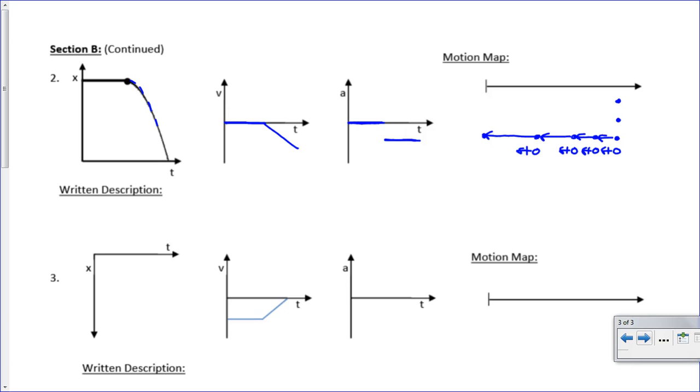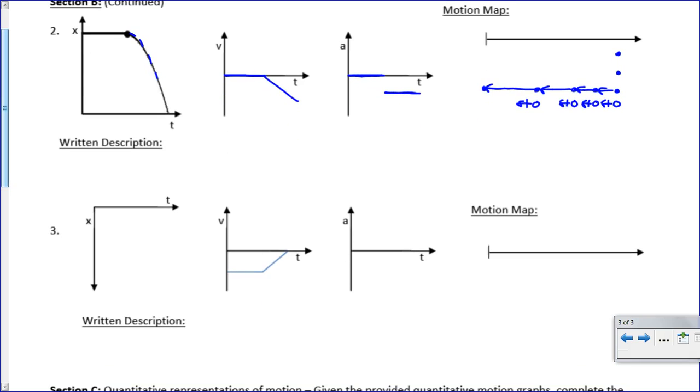For the written description on this one, the object has a positive initial position. Okay, and then it's at rest for a time.